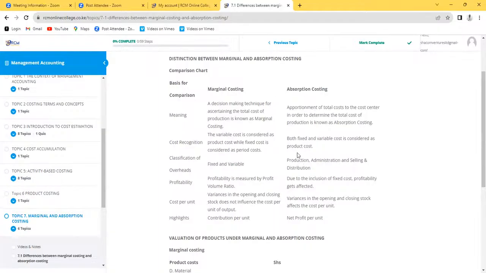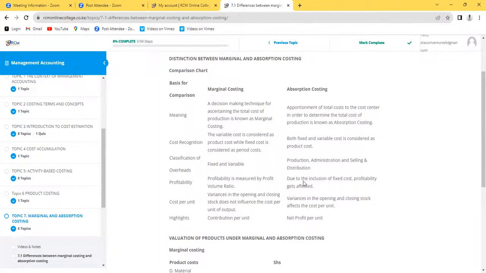That is, under absorption costing, we only know production costs and non-production costs, where the non-production costs are classified into administrative, and selling and distribution costs. On profitability, it is measured by the profit volume ratio.